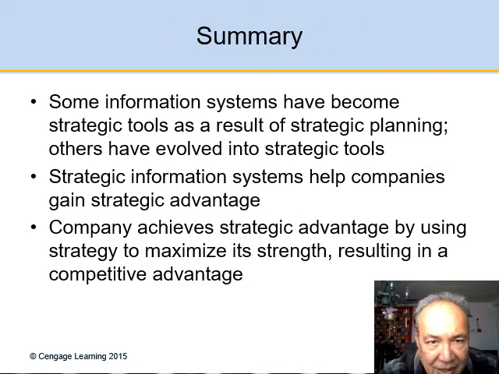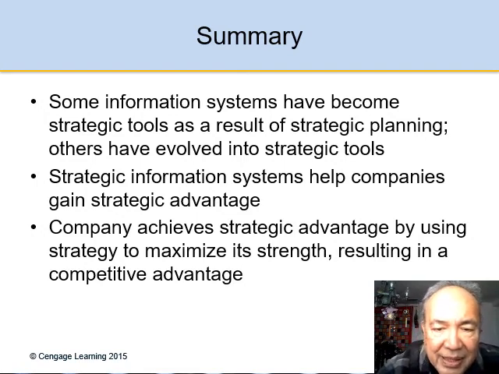Now, so this is about strategic advantage. Some information systems have become strategic tools. As I said, strategy is a 3 to 5 year plan to gain competitive advantage. Okay, to gain competitive advantage.